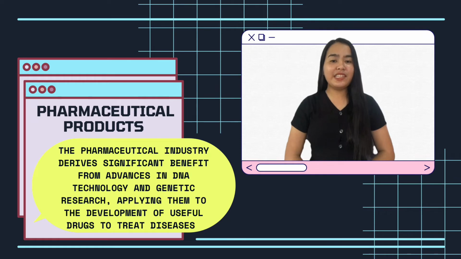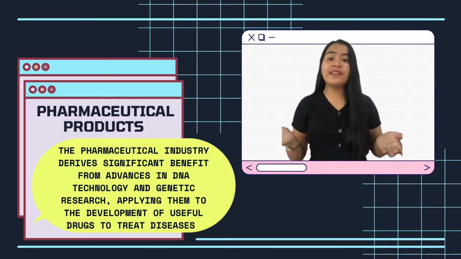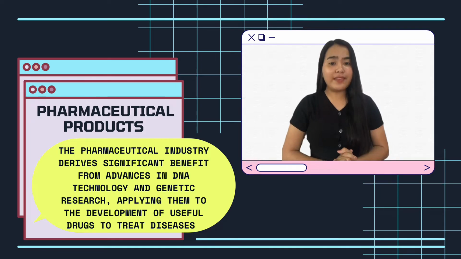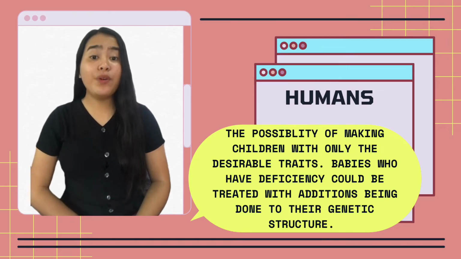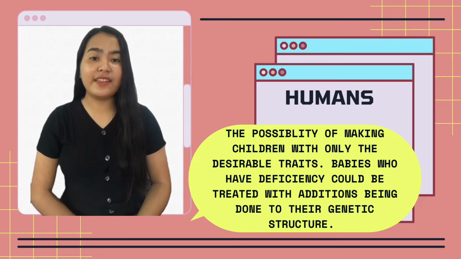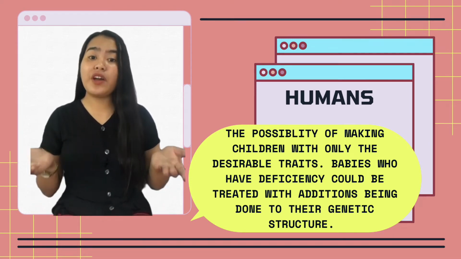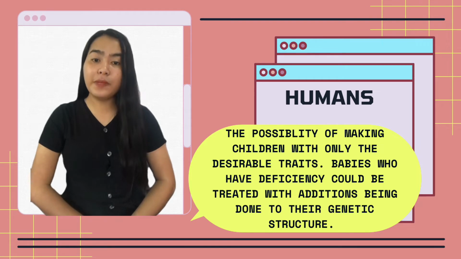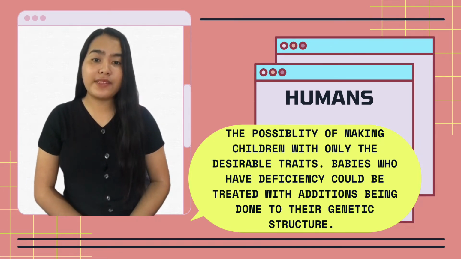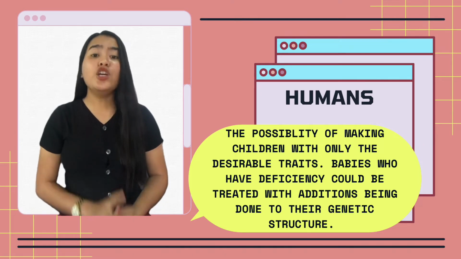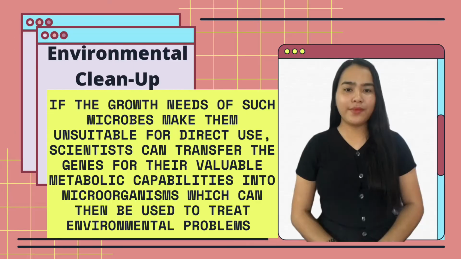The pharmaceutical industry derives significant benefit from advances in DNA technology and genetic research, applying them to the development of useful drugs to treat diseases. Babies who have deficiency could be treated with additions being done to their genetic structure. Those who cannot reproduce due to medical complications have also seen positive results with the surrogate parents concept becoming available due to DNA technology.